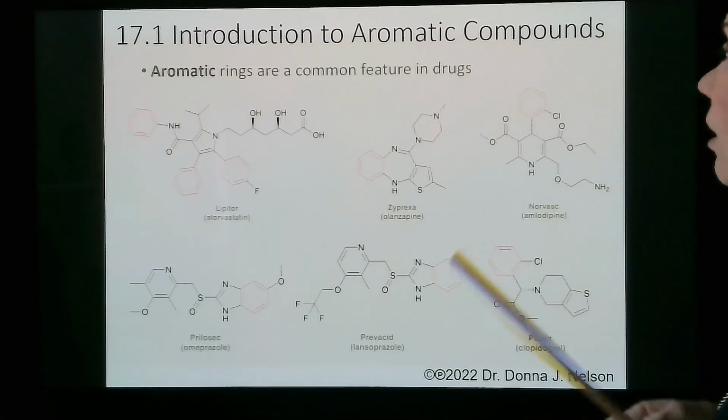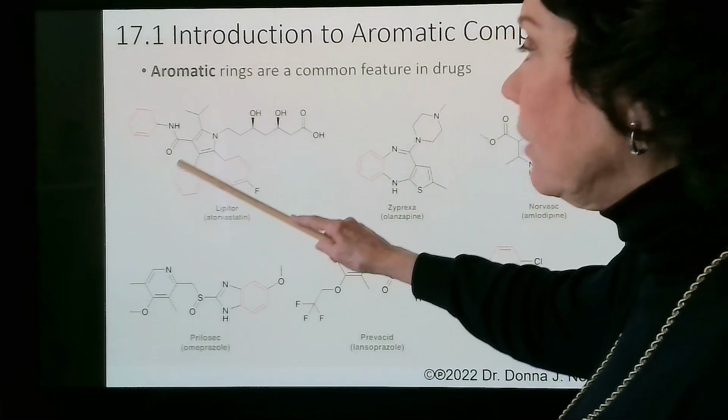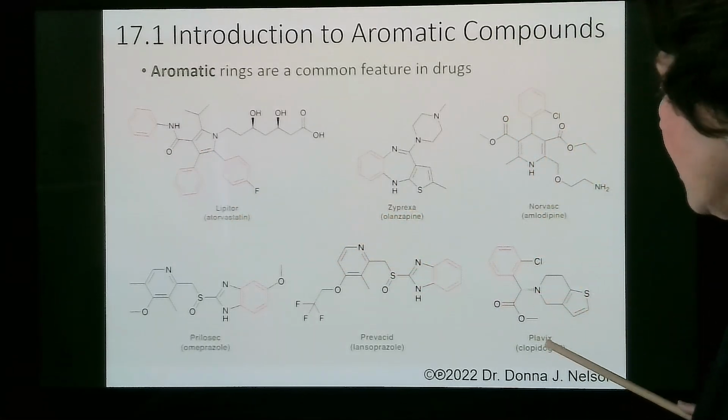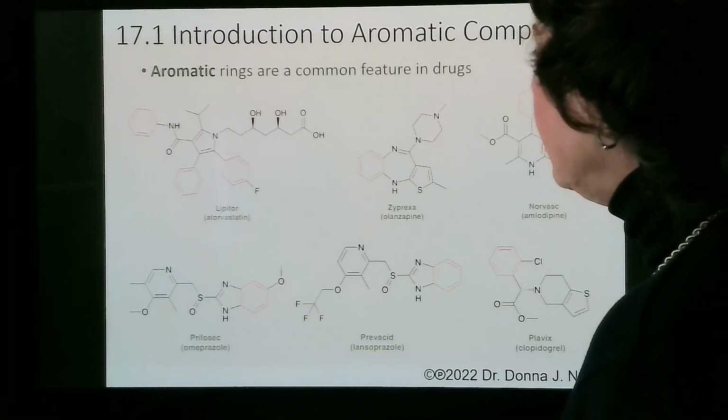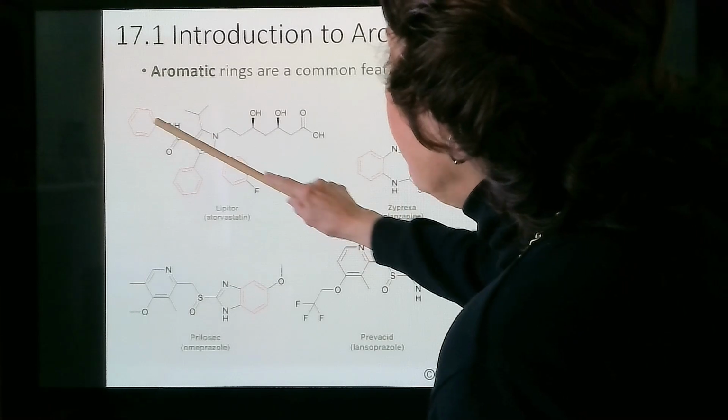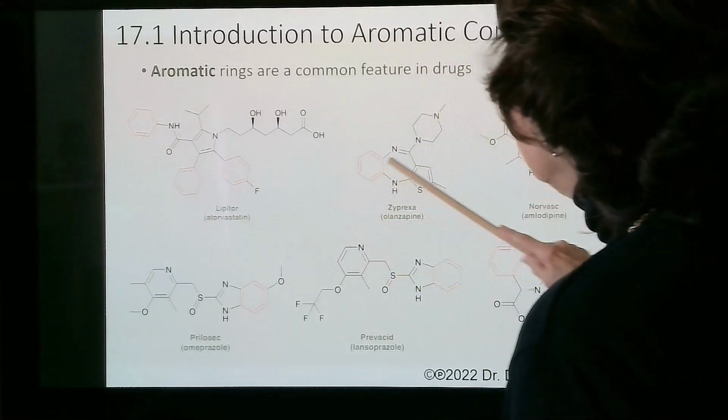Aromatic rings are a common feature in drugs, as you can see. There are several examples here of drugs, and they have several aromatic rings in them.